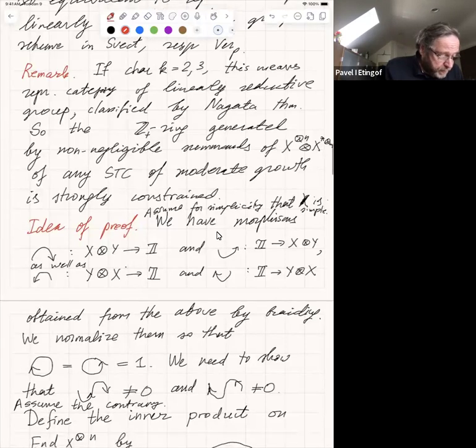And then I'm going to normalize them so that the composition is the identity. I can do that because 1 is a direct summand in the tensor product.